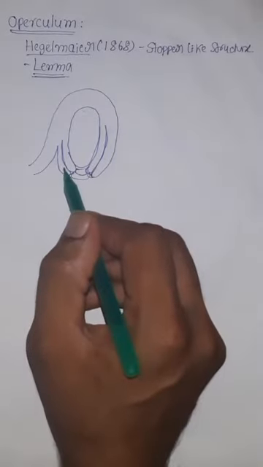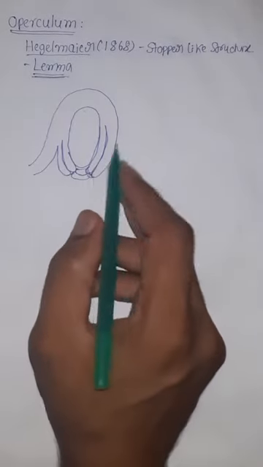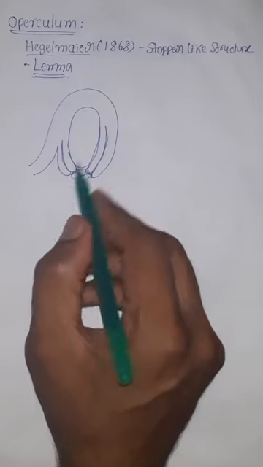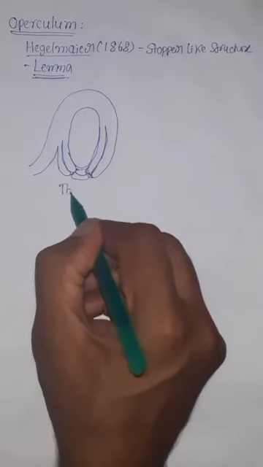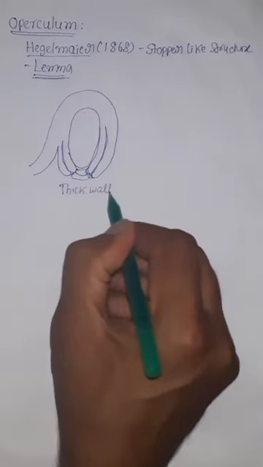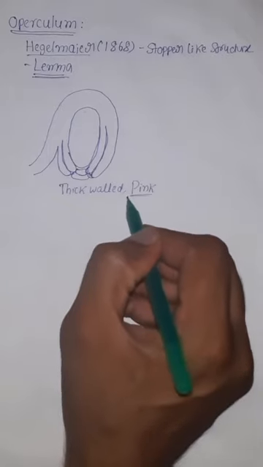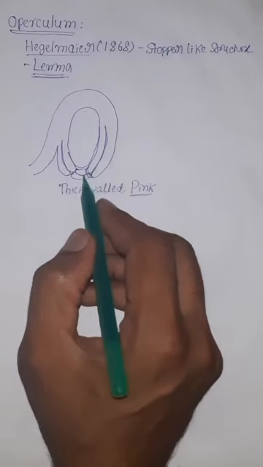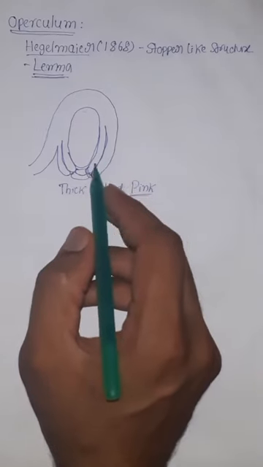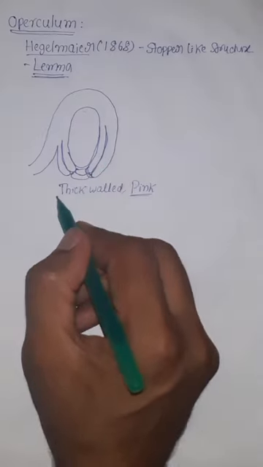Usually the cells of the operculum are thick-walled and pink in color.